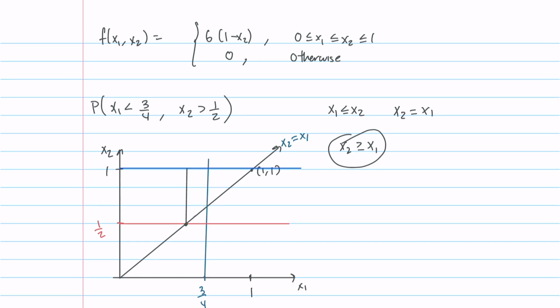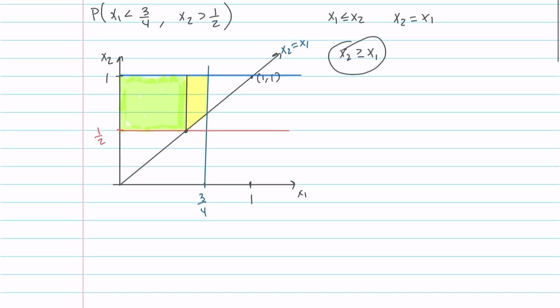So we have to find two areas. Let's call this one yellow and this one green.